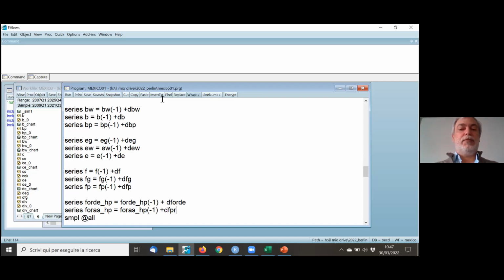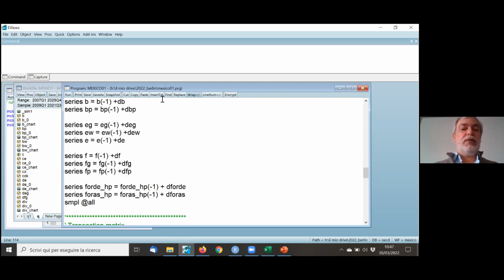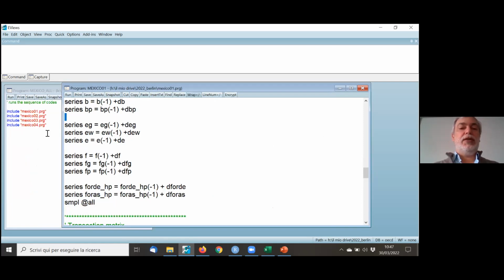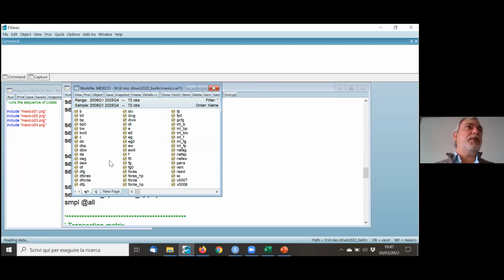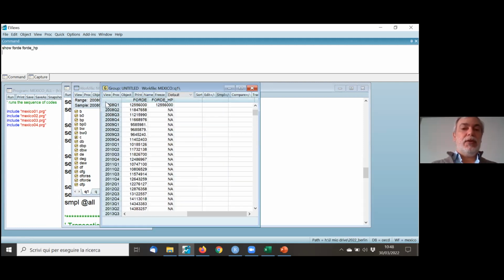So I hope what I did is more or less clear. What I've done is to take from the data the measurement in the balance sheet and estimate the end of period stock by accumulating the flows. So now we have 4DE and 4DEHP, but something didn't work here.